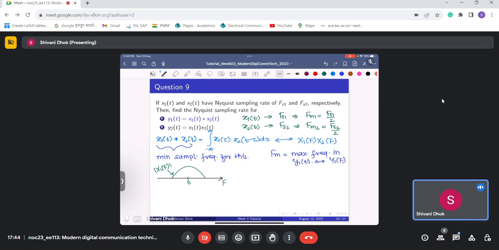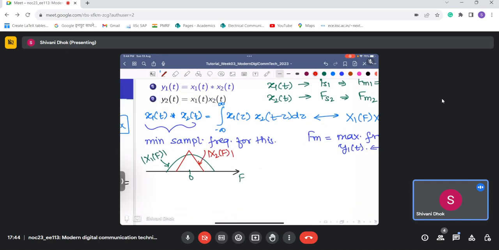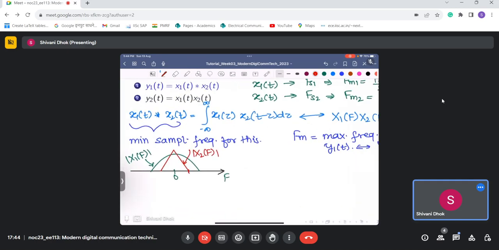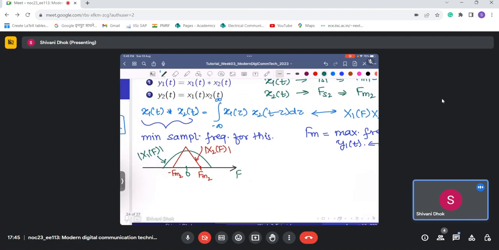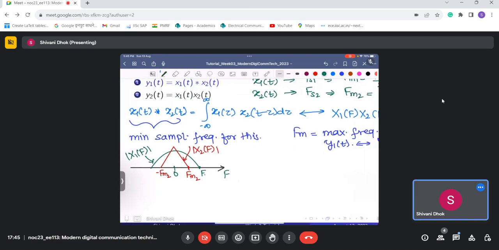And let's say I have this thing as x2(f), which means this point is simply fm2, and this is minus fm2, and this point here is fm1, and this point here is minus fm1.